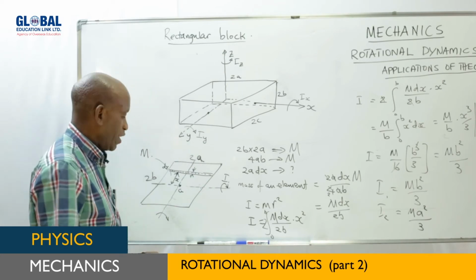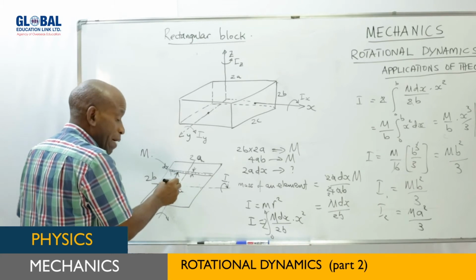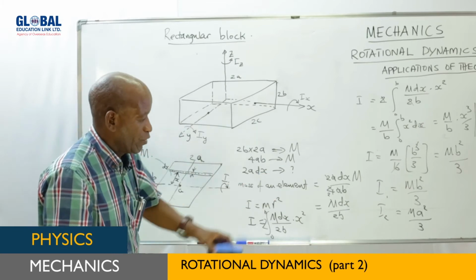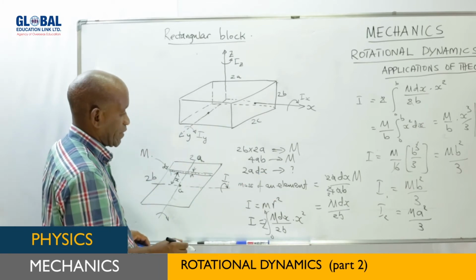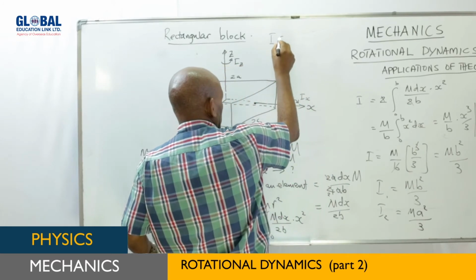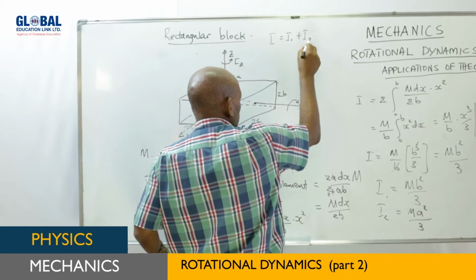So finally, when looking at the moment of inertia passing perpendicular to its plane, using the perpendicular axis theorem, it will be the sum of the two axes. That is, the moment of inertia I will be equal to the moment of inertia of axis 1 plus the moment of inertia of axis 2.